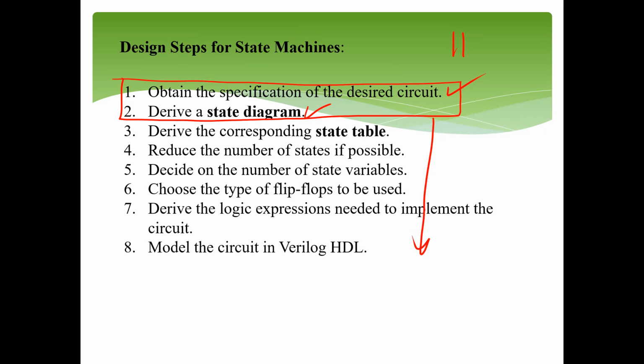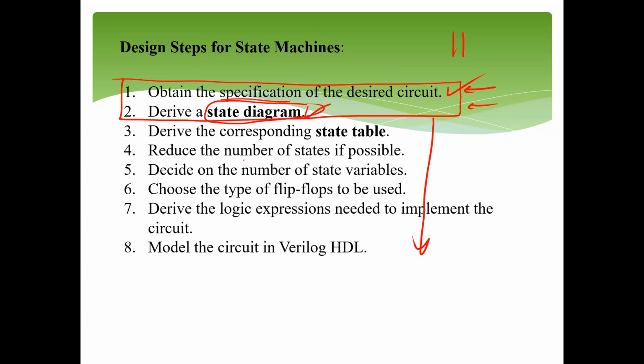So if you have any design or any project idea, these two will be your most difficult part: how to transfer your idea from a description or a specification to a state diagram. If you get to the state diagram, and you draw it and make sure that your state diagram is describing whatever specification you have, everything after that is just systematic.